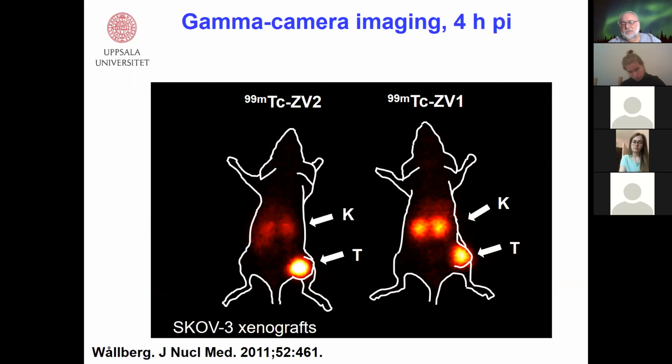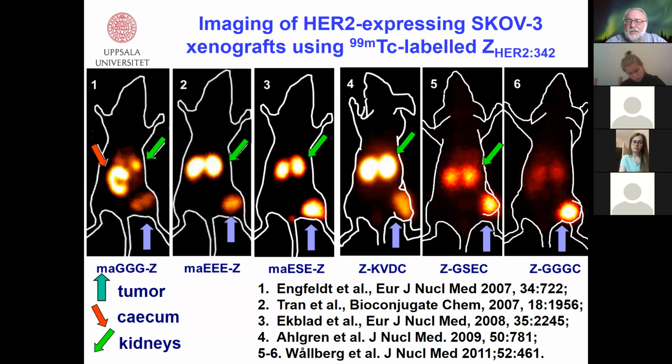So that was a good example of what you could reach by rational design of chelator. So this slide is just an extension of what I have shown you previously, and three additional variants with C-terminal cysteine-based chelator.